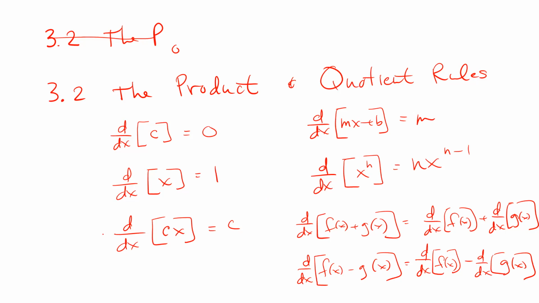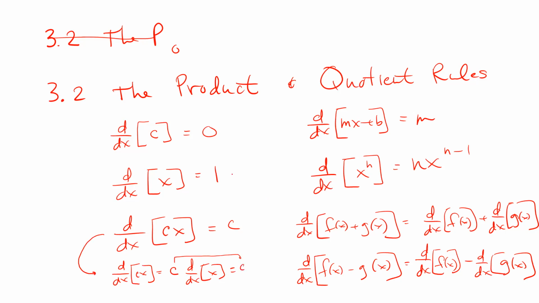All right, one more that I was not able to put on here. And it kind of stems from this one right here. If you have a derivative and you have a constant that is multiplying x, what you also can do is you can set up that constant outside and then just take the derivative of the x function. And then we know that c is going to be here because c is just c, right?